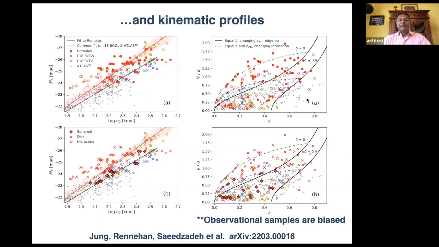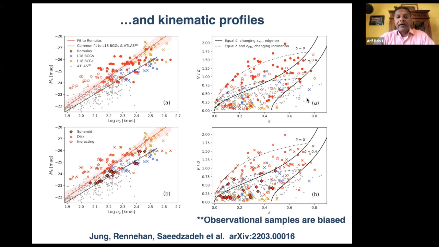We also looked at the kinematic profiles of these systems, and the red points that you see on the screen are showing the Romulus results. The gray points, the blue and the gold crosses are observations. You'll notice that Romulus results tend to scatter much more than the observations. That's because the observations are actually biased. Most group samples tend to be biased.